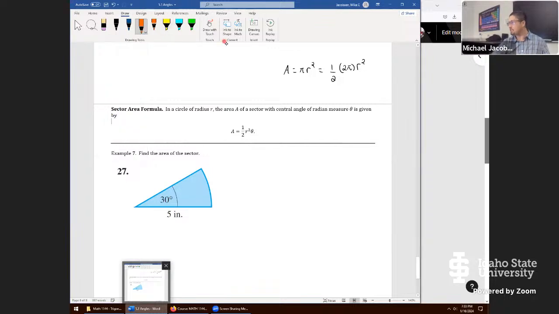Let me put a little box in this just to say, this is just an additional topic to go along with this brand new formula we see here. If you look at this formula, in place of 2 pi, oh, I think I have my stuff a little bit mixed up. In place of where 2 pi is, that's my angle theta. But because it's 2 pi, that's the one full entire rotation.